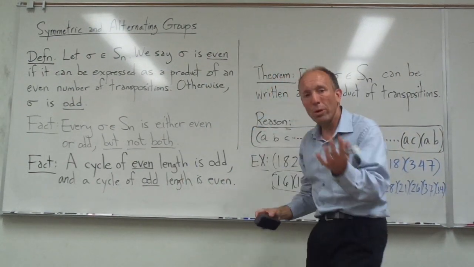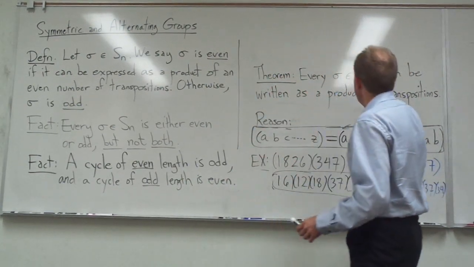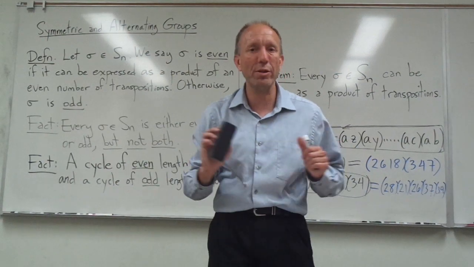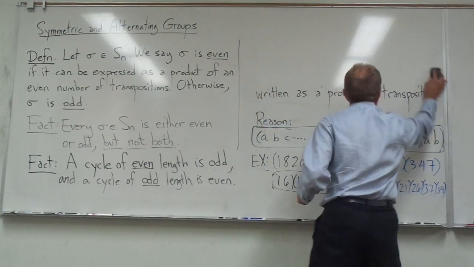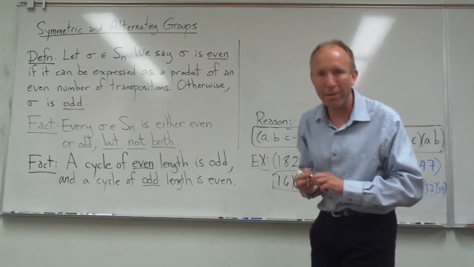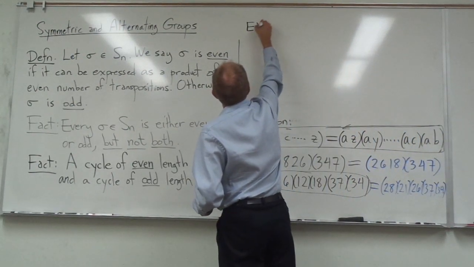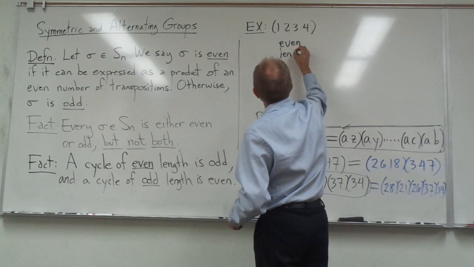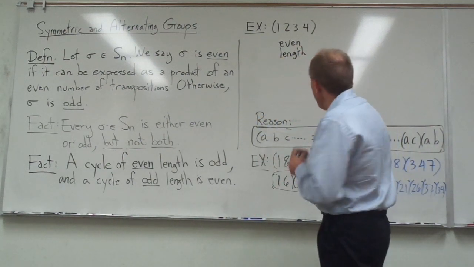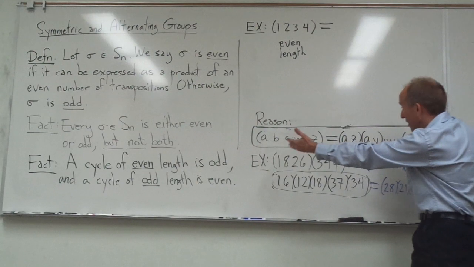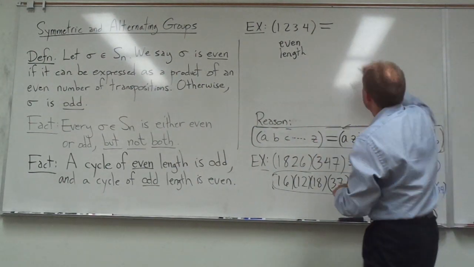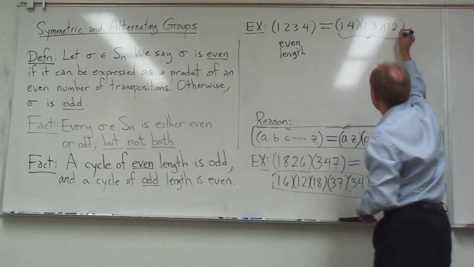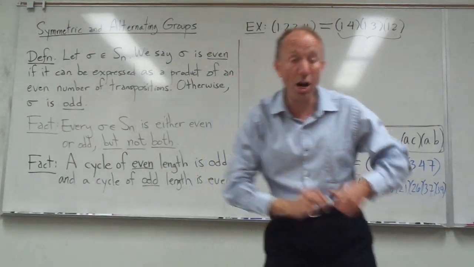But it turns out that when we talk about evenness and oddness, as a permutation, we want to be counting transpositions, not looking at the length of the cycle. So let me just show this to you with an example. I think it should be very clear, right? So for example, if I take the cycle 1, 2, 3, 4, that cycle, of course, has even length, has length 4, but when I go through my procedure here of writing it as a product of transpositions, I'm going to write 1, 4, 1, 3, 1, 2, and there are 3 transpositions there, right, which is an odd number.